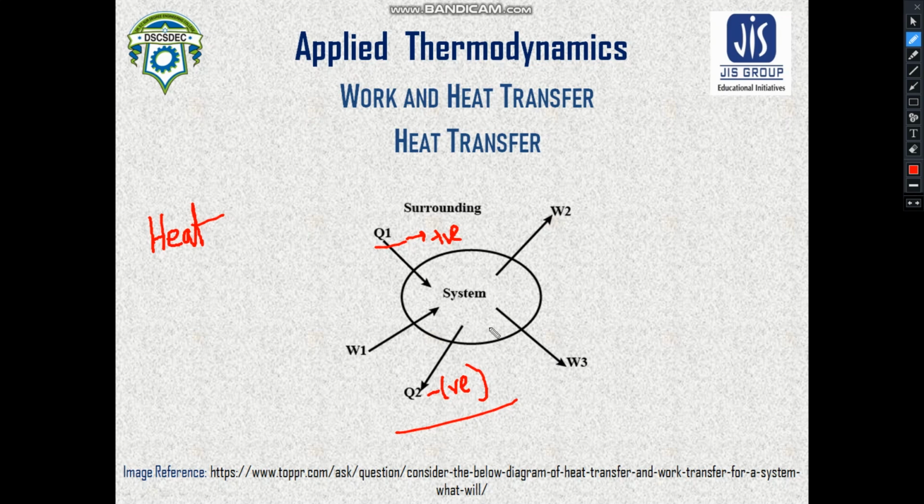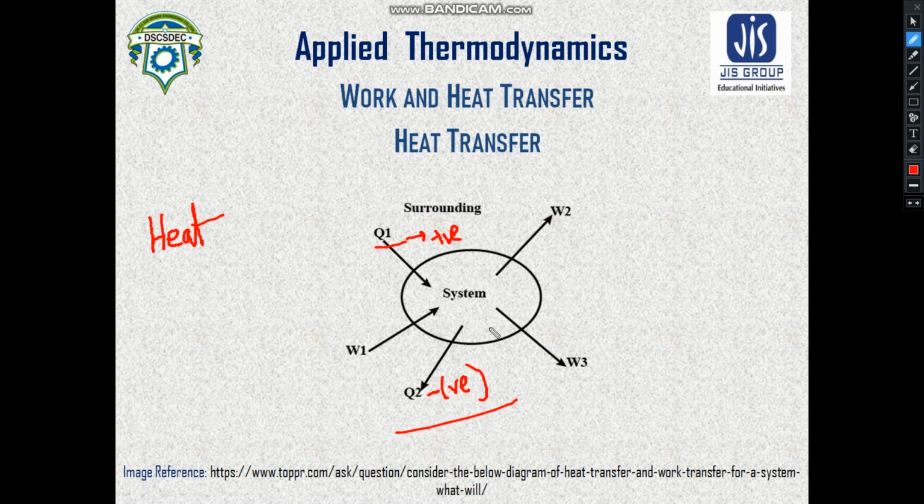So you must remember heat is not an energy which will inevitably cause a temperature rise. If you consider the case of latent heat, then the temperature always remains constant.